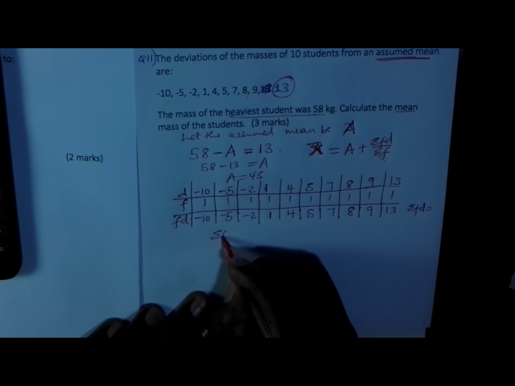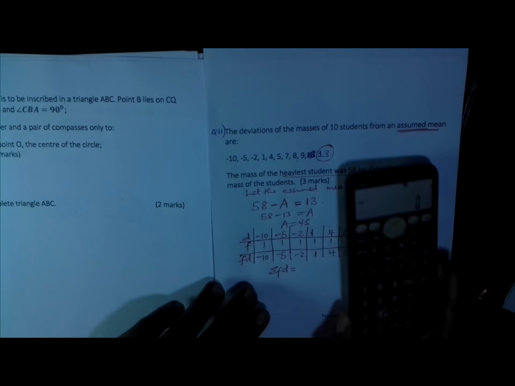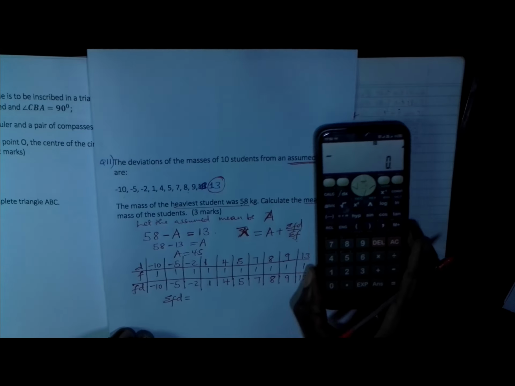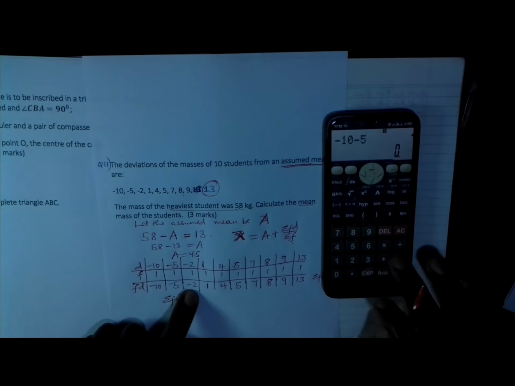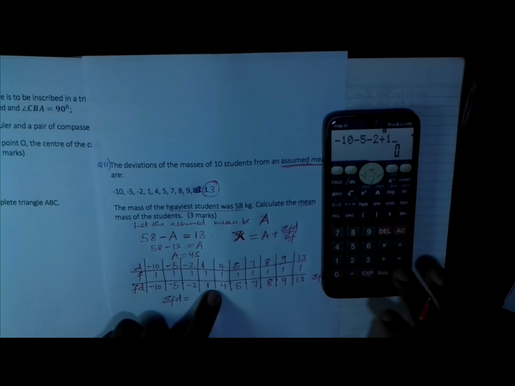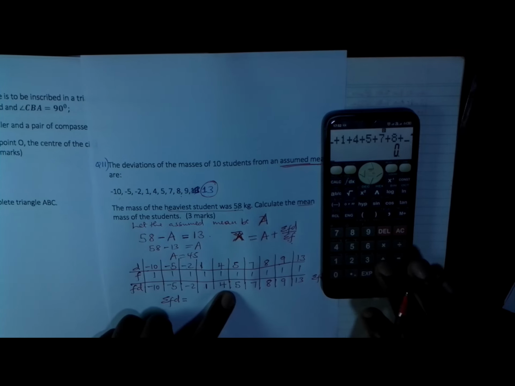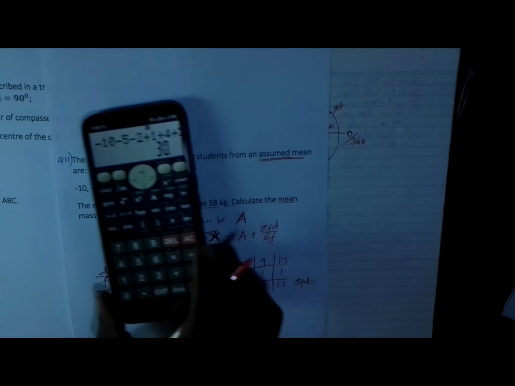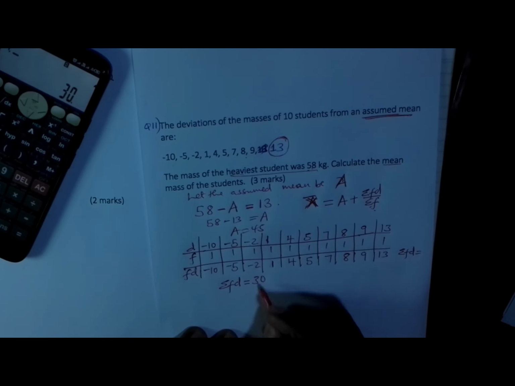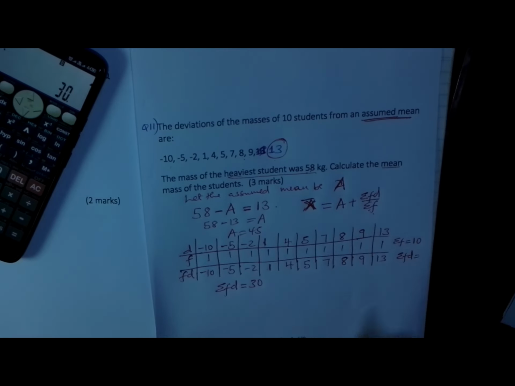If we add, we get -10, -5, -2, +1, +4, +5, +7, +8, +9, +13. So we get 30. Summation of FD is 30. Summation of F is 10, the number of students.